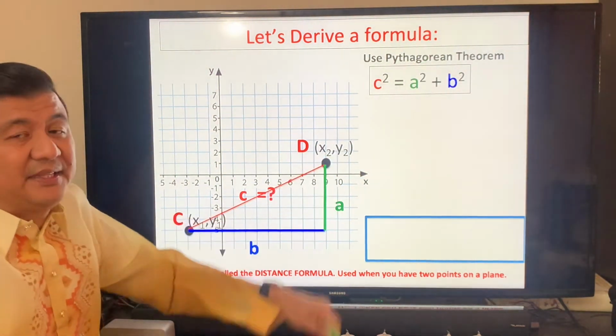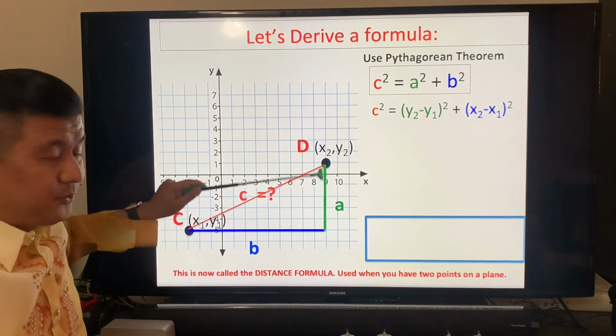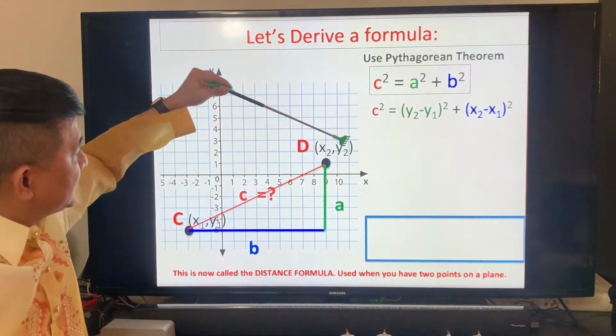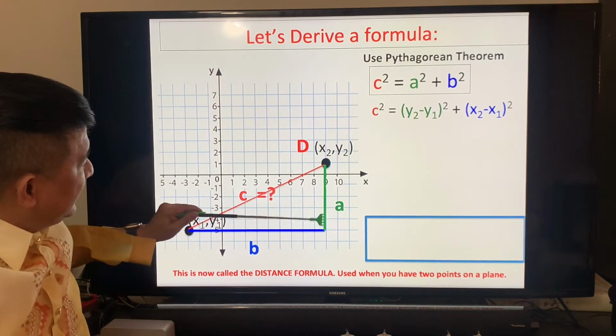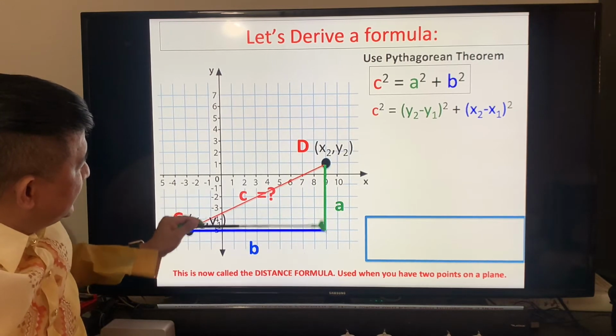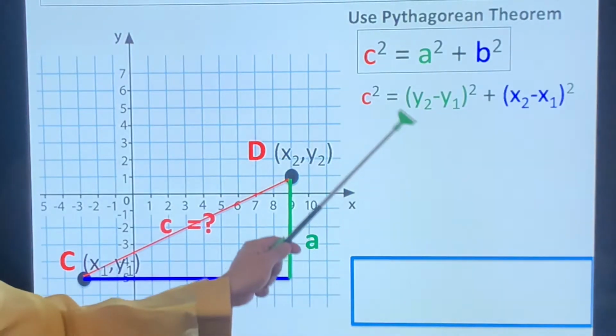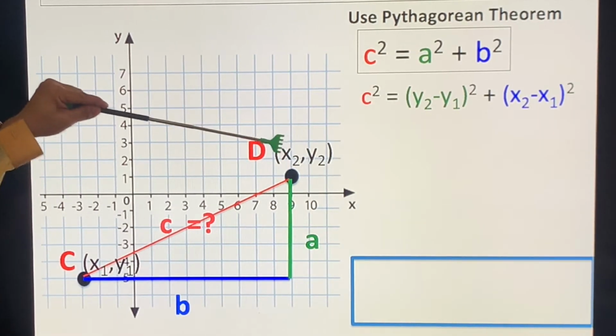If we follow the Pythagorean theorem, how did we get the distance from A? By subtracting y2 minus y1. And that's the length. See that distance? Minus this distance is that distance. So we subtract y2 minus y1 and then x2 minus x1.